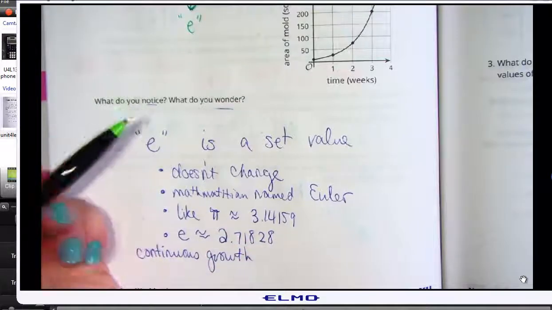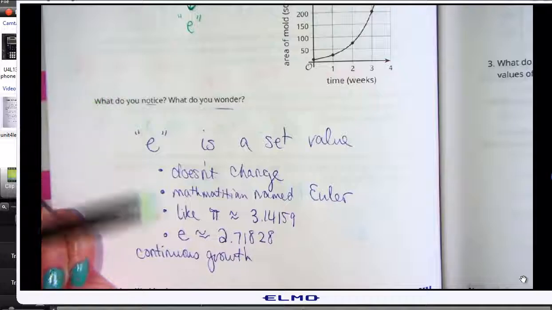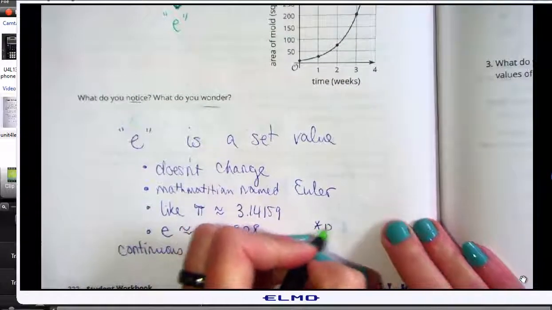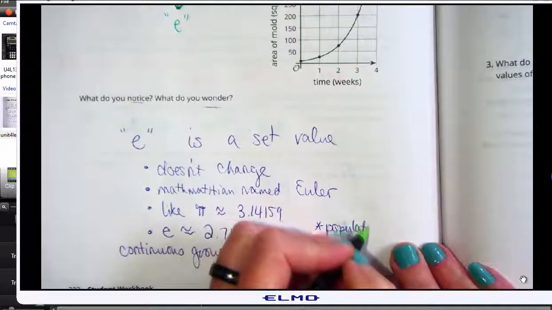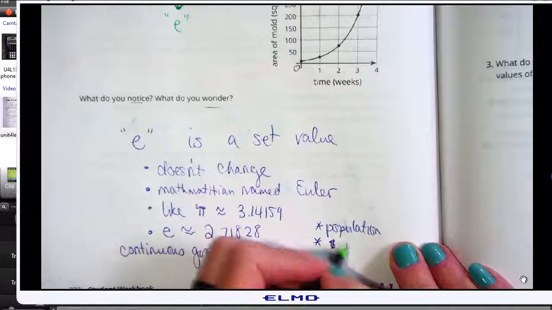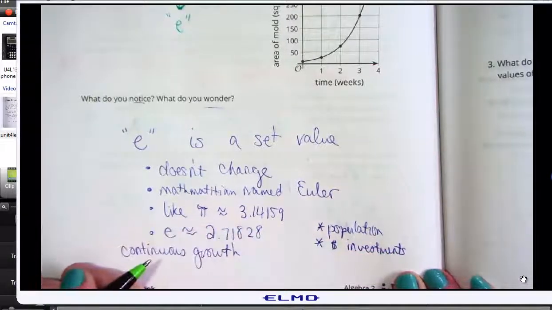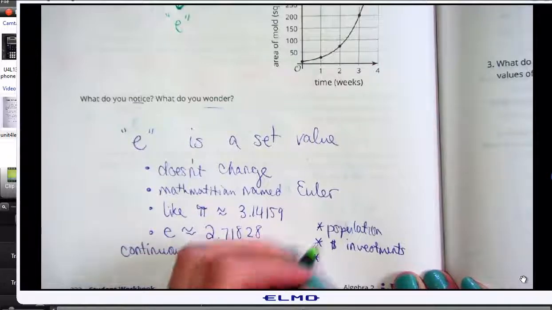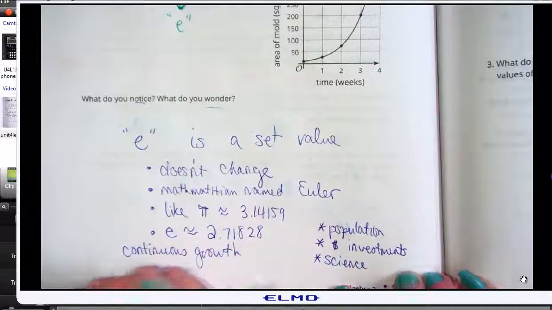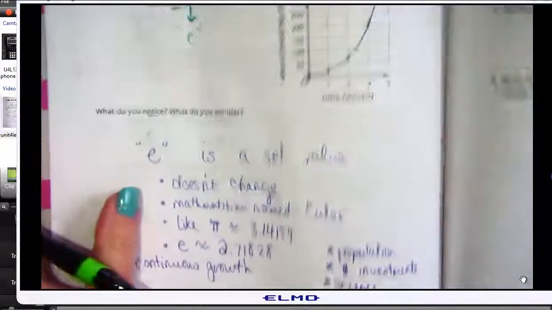Banks get more money that way if they get money continuously growing from their investments. And so we're going to see continuous growth is very much used for things like population, definitely for things like money and investments, and very much used in science to see values that are changing, like bacteria and viruses.